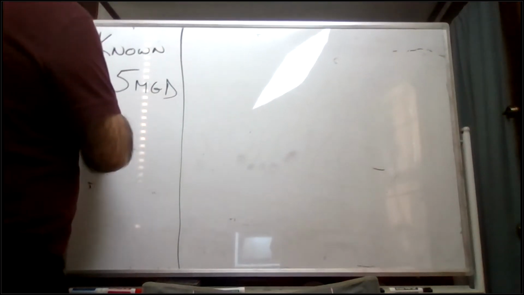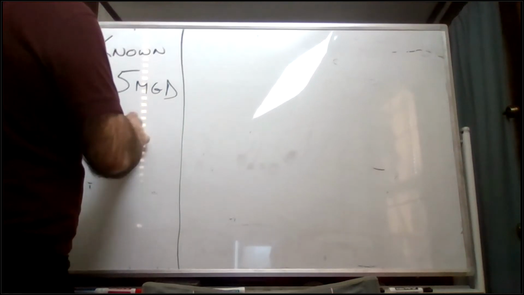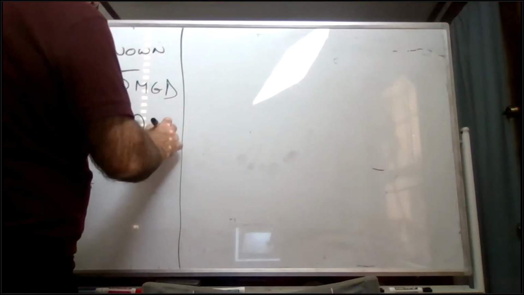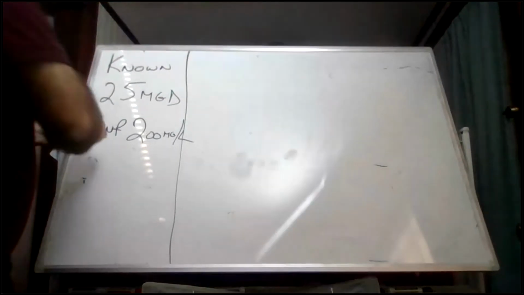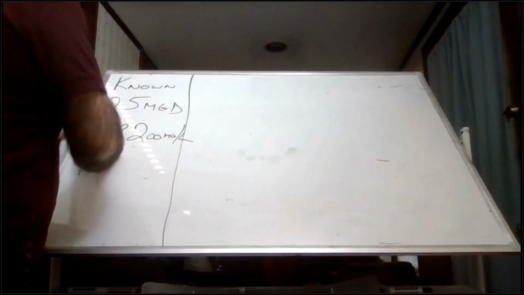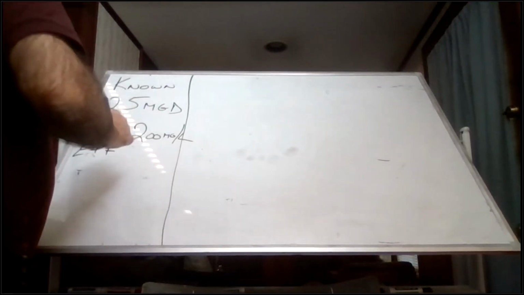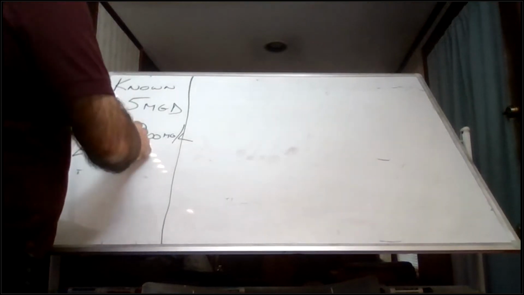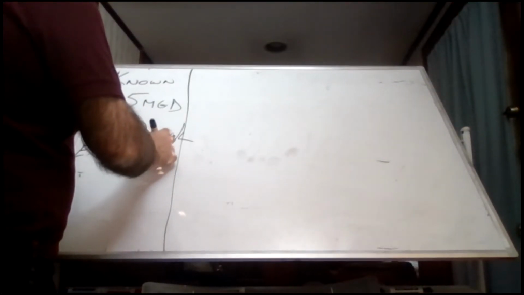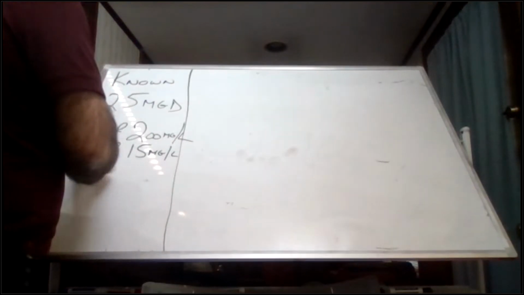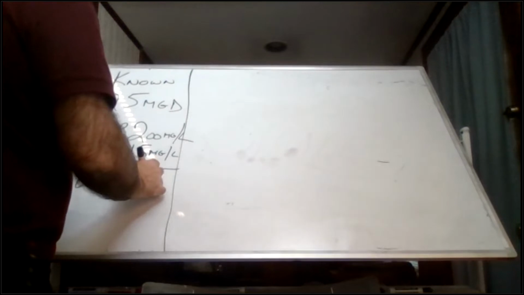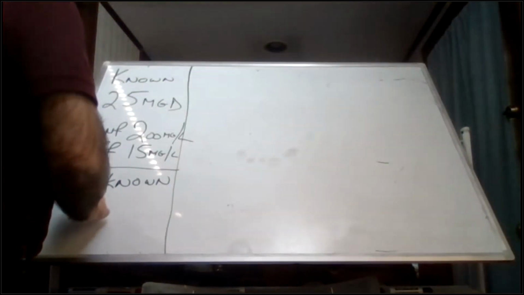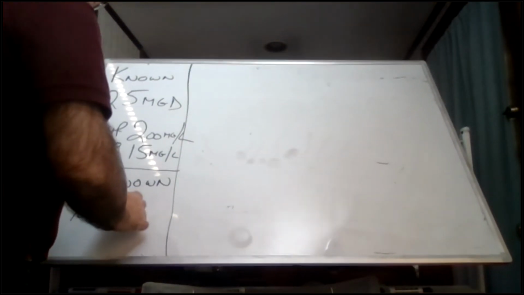I'm just going to put influent, 200 milligrams per liter. And then the effluent is 15 milligrams per liter. And then the unknown, what I'm going to try and figure out, is the percent removal, also known as efficiency.